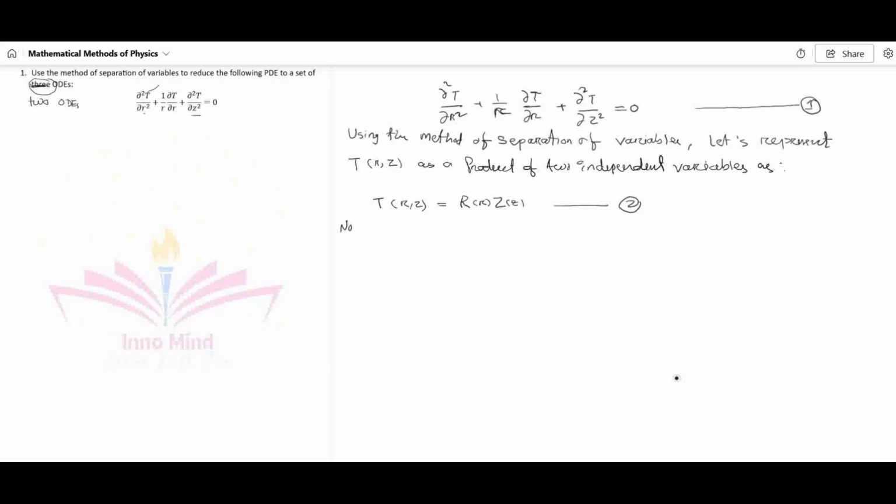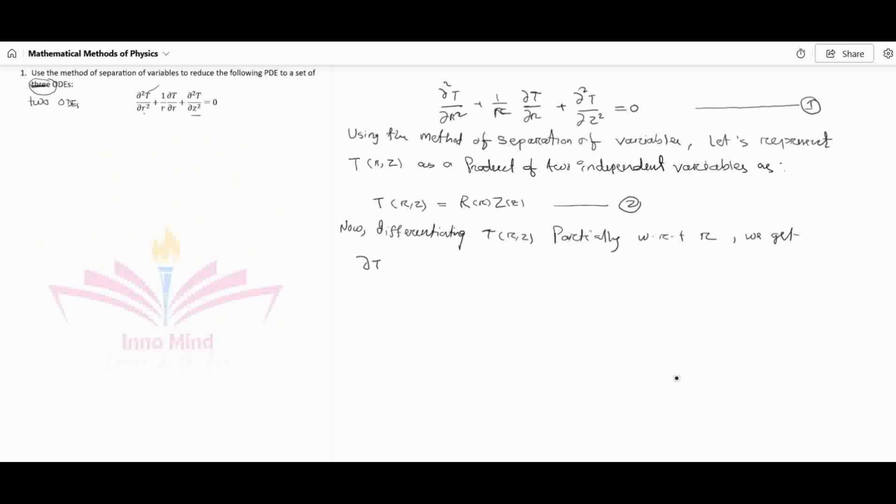Now differentiating T(r, z) partially with respect to r, we get, what do we get?